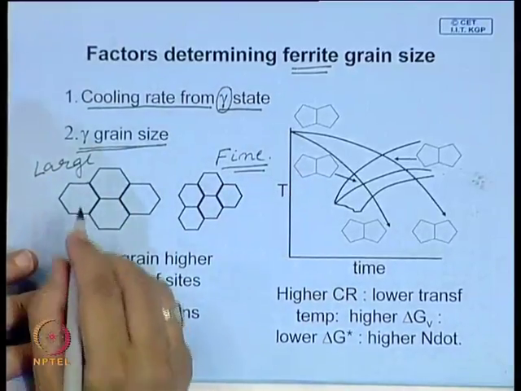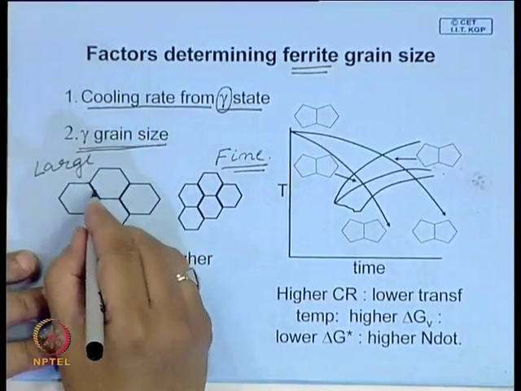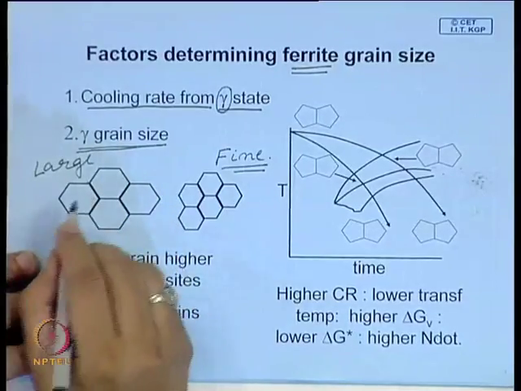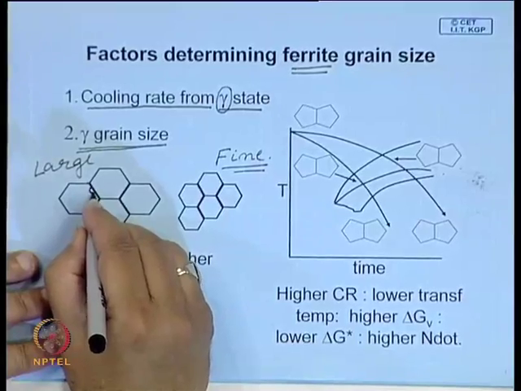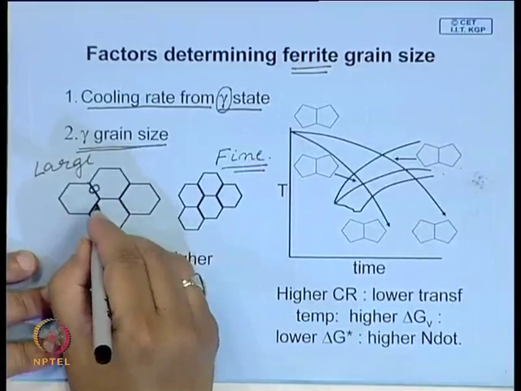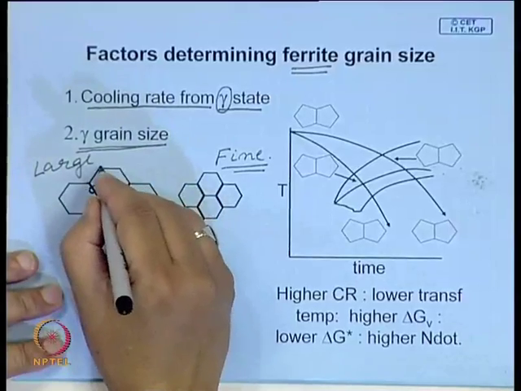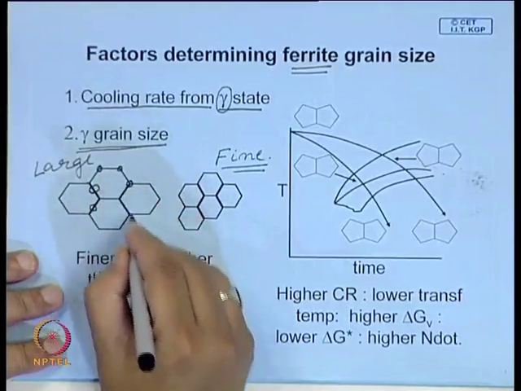Now, what will happen? We know that when you cool below the critical temperature, ferrite grains will form, and the most favored nucleation sites are these grain edges. So, ferrite grains form here.